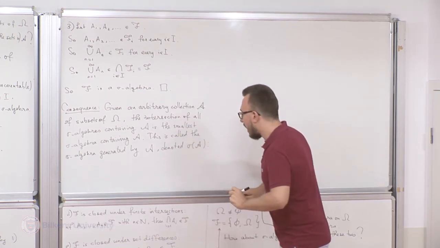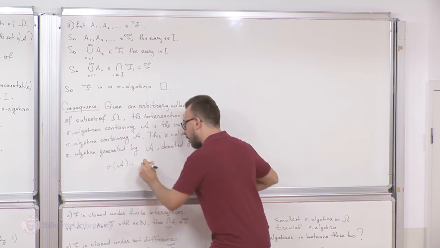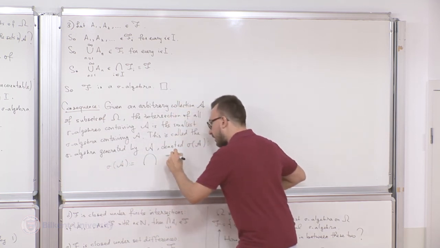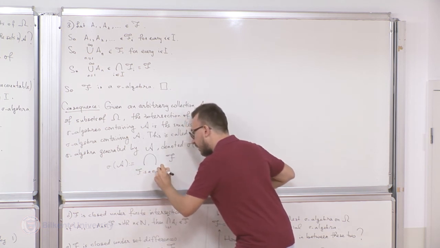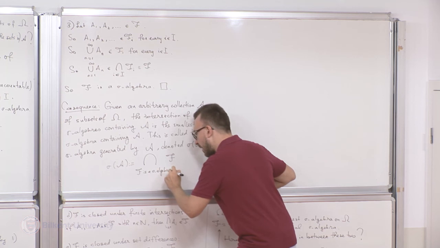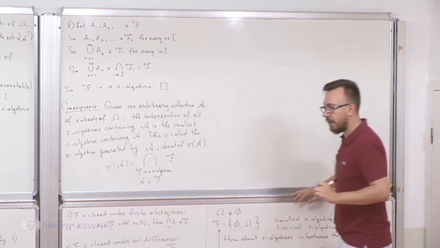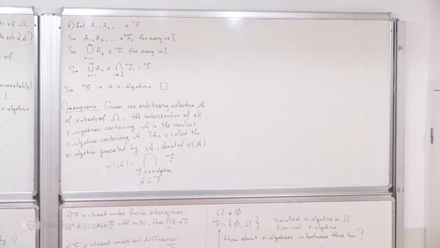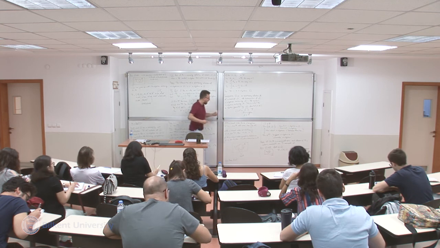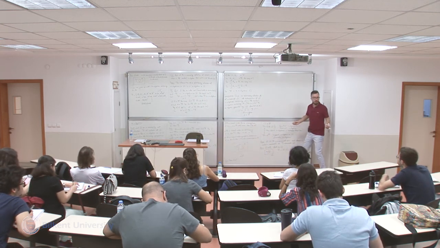So let me write it down in a formal way. Just take a sigma algebra F, and make sure A is a subcollection of F. And we are sure that this is not a stupid expression.